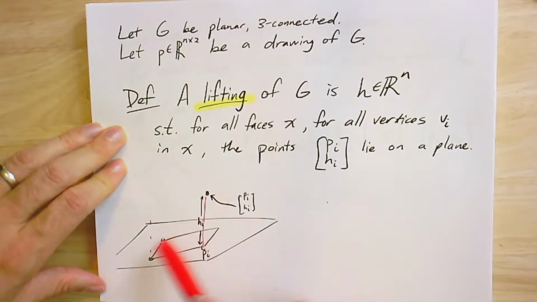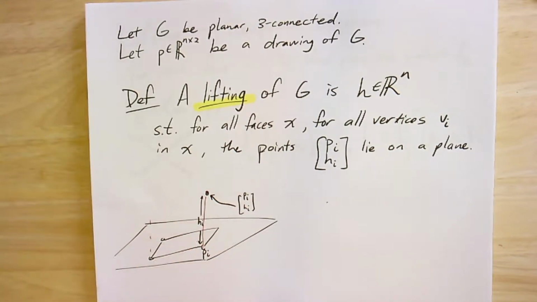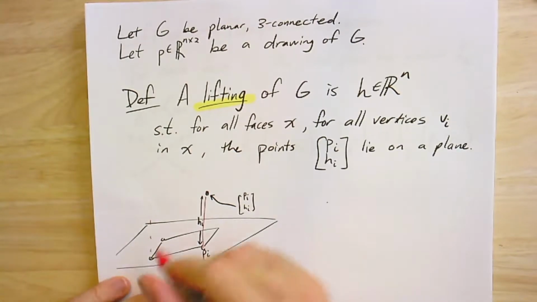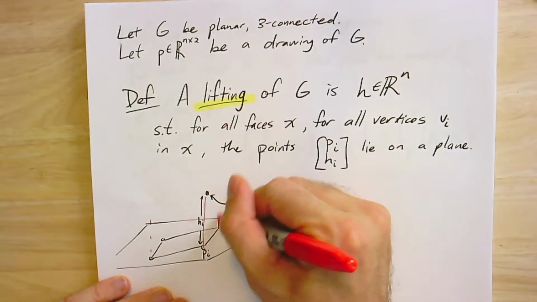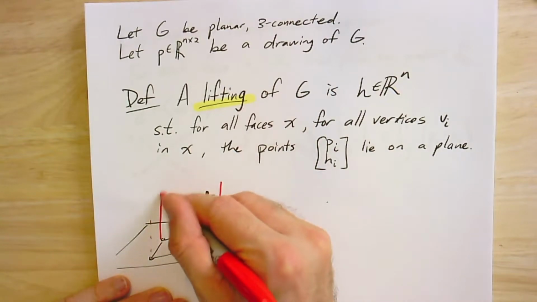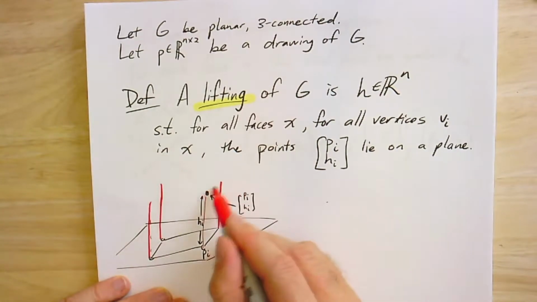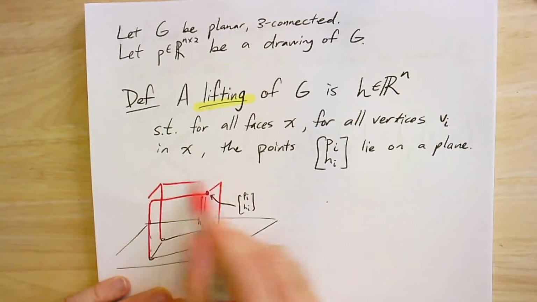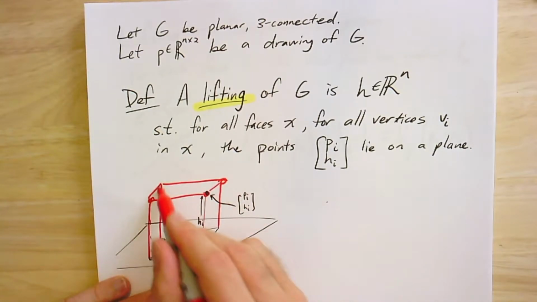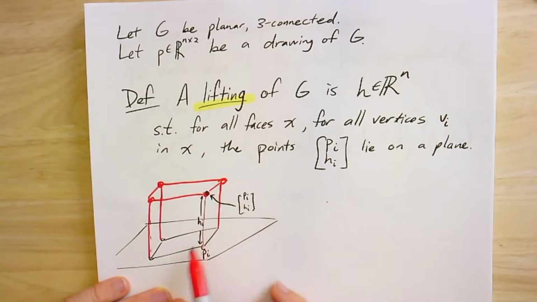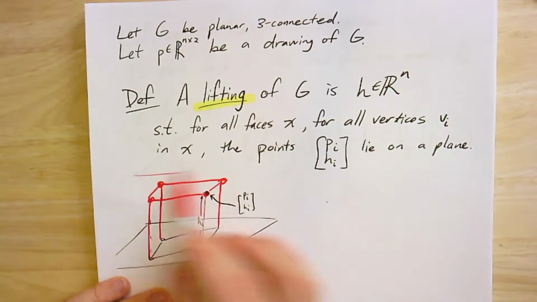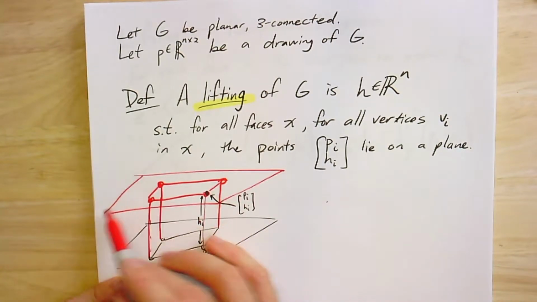Okay, so I lift, here it is in the plane, I lift the vertex up by some height. And the rule is that the heights I lift, they need to satisfy the following condition, which is that if I have a bunch of points on a face, when I lift them up, that face has to kind of stay flat.